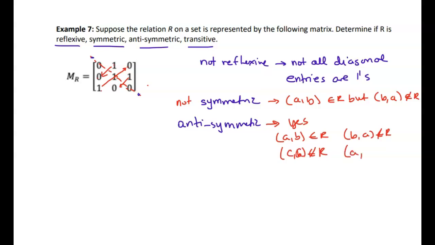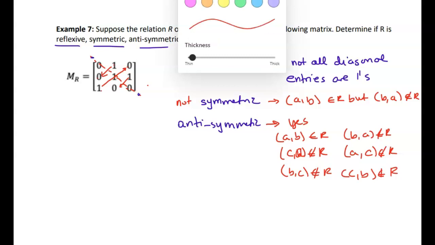Actually, that was CA. Right? And this one, BC is in there, but CB is not. So for all the elements that are in the relation, if you switch them around, they are not in the relation. So that's the definition of anti-symmetry.